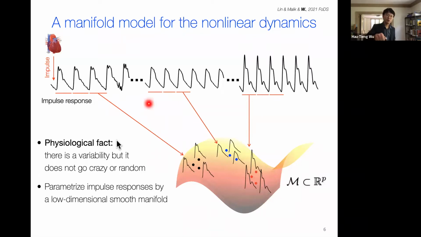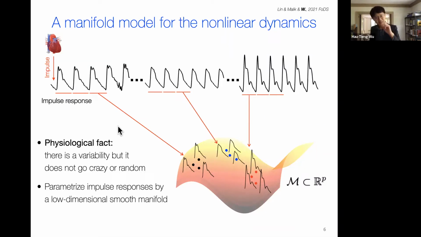Each impulse response can be viewed as one point on the manifold, and their similarities are quantified or parameterized by the manifold. So this is the manifold model that we use to describe the relationship among all cycles.